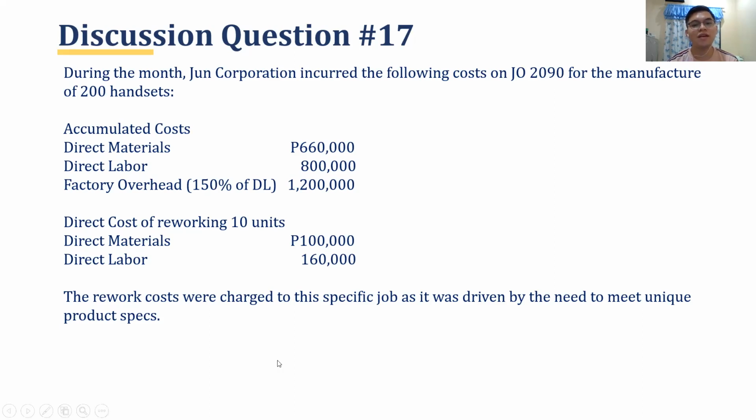With this given, it means to say that itong mga cost of rework would be charged to JO, specific to JO 2090 kasi nga these were incurred to meet customer specification. Hindi naman yun like a common failure with the manufacturing process that has affected all product lines. Ito specific for the job kasi nga maarte yung specification ni customer.